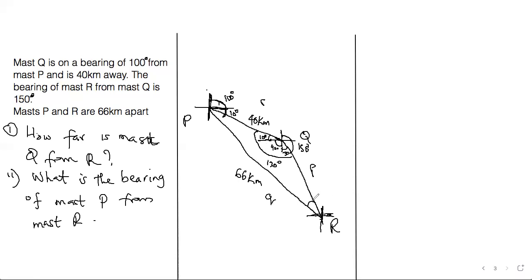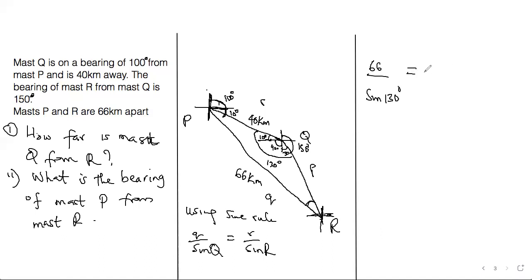So I need to get this angle first because I know side R. So if I use sine rule, Q over sine Q will be equal to R over sine R. So what is Q? 66 over sine 130 degrees will be equal to R, 40, over sine R. So by cross multiply, then I'll have 66 sine R equals 40 sine 130 degrees.